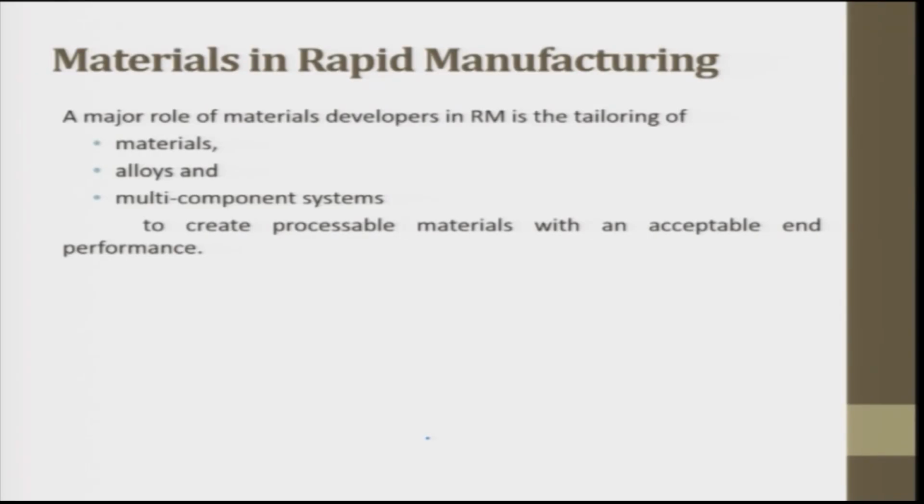So, a major role of the materials developer in rapid manufacturing is the tailoring of materials, alloys and multi-component systems. This is all done to create processable materials with an acceptable end performance, that is the final performance.